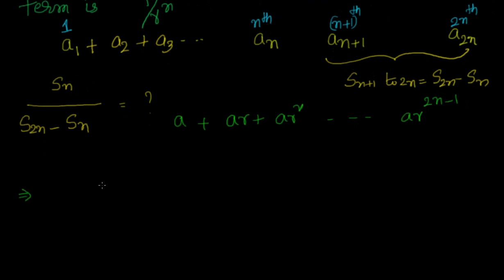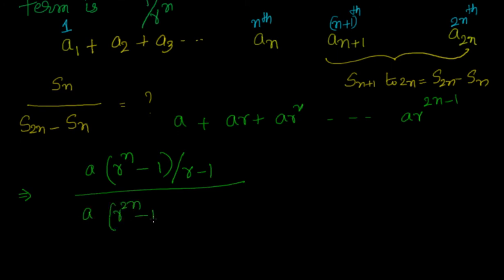Now what is S of n? Formula: a into r to the power of n minus 1 by r minus 1, divided by S of 2n, which is, instead of n I should have 2n, correct? Nothing but a into r to the power of 2n minus 1 divided by r minus 1, minus, again same thing, a into r to the power of n minus 1 divided by r minus 1.